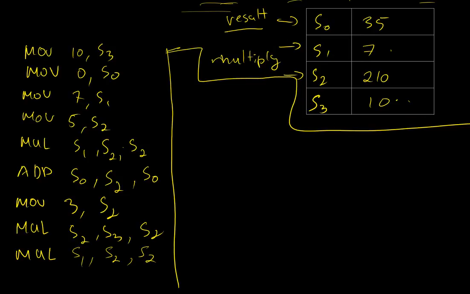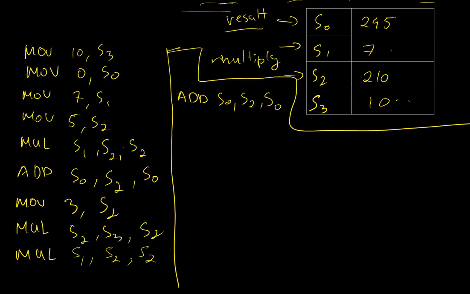And what we're going to do is just what we did before. We're going to add our multiplication result to our total result, which is in S0. So add S0 to S2, and we're going to store that back in S0. So now our value here is 245.